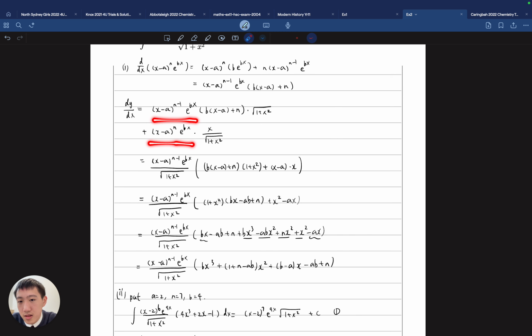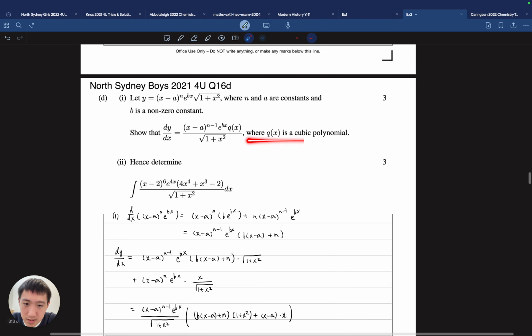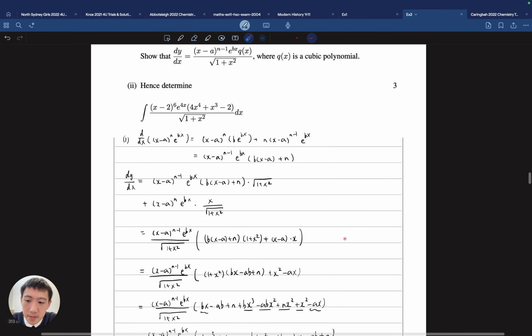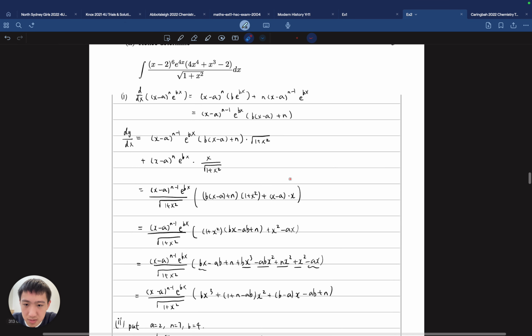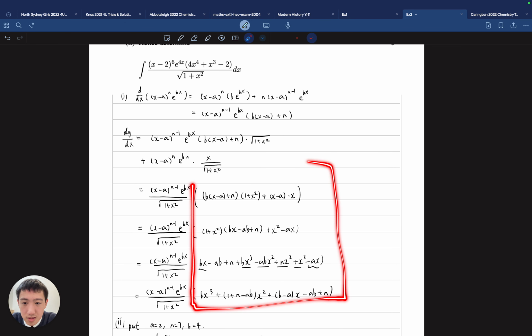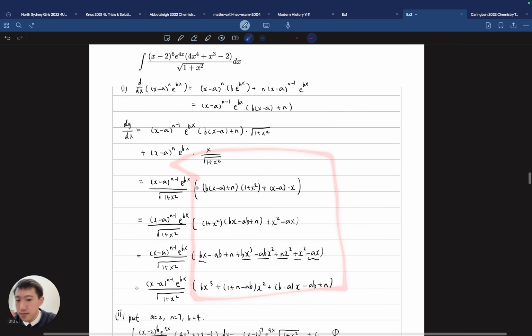Now the obvious thing you can do is to take it out, and now you just want to know what Q(x) actually is. This is the hard step of the question, which is simplifying this chunk of algebra.